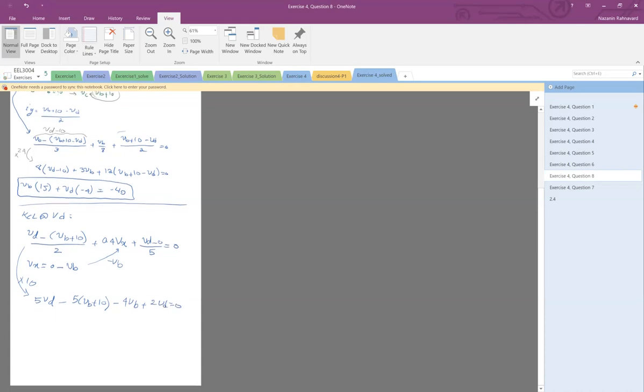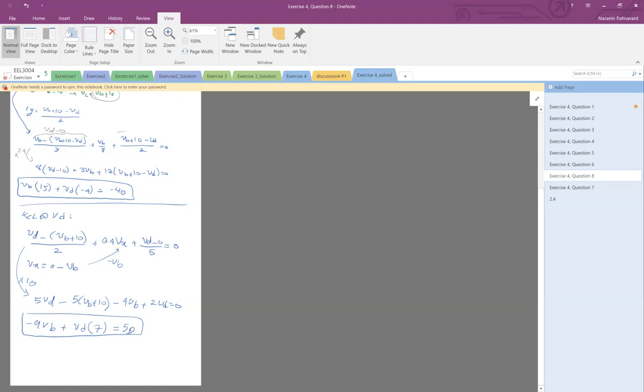So negative 5 and negative 4, negative 9 VB, plus VD times 5 and 2, which is 7 VD, equals minus 50 here. Take it to the other side. And this is exactly our second equation.